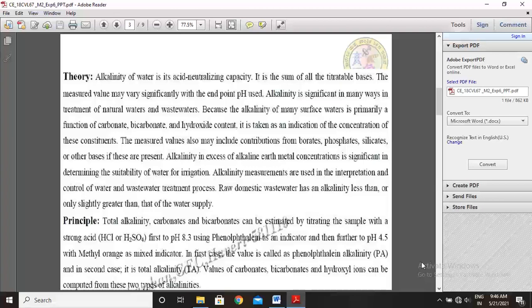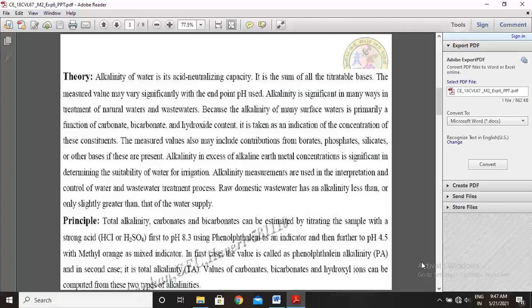Concept of alkalinity. Alkalinity of water is its acid neutralizing capacity. It is the sum of all the titratable bases. The measured value may vary significantly with the end point pH used.